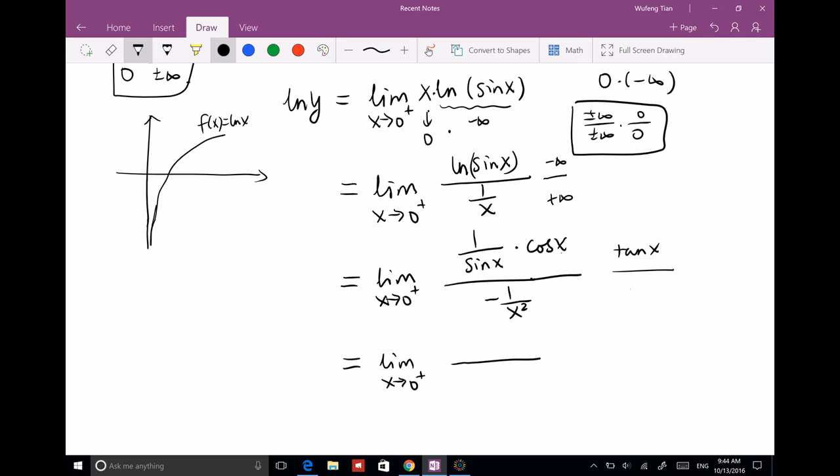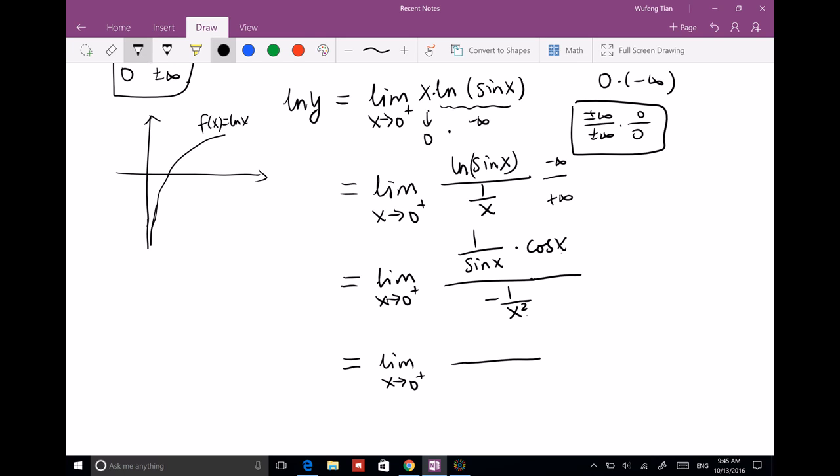And over negative 1 over 0 squared, so it's negative infinity again. You can check that. X equals 0, this is 0. X equals 0, this is 1 over 0, which is infinity. So it's 0 times infinity. We cannot use L'Hopital's rule right now, but we have to change it a little bit.